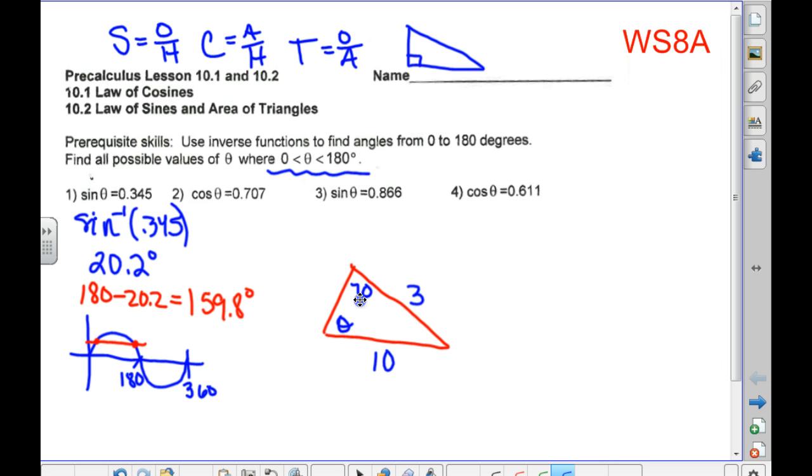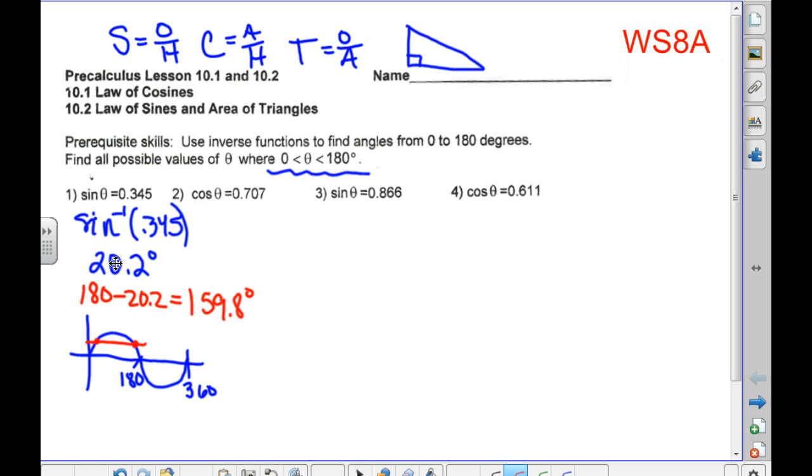So if this were 10 and this were 70, this 3 would indicate that this has to be an angle less than 70. Okay? But the more important thing, can you have a 70 and a 159.8 in the same triangle? No, a triangle can't add up to more than 180, right? And that's the reason you'll get to throw out one of the options very frequently, is because it would make the triangle add up to more than 180.